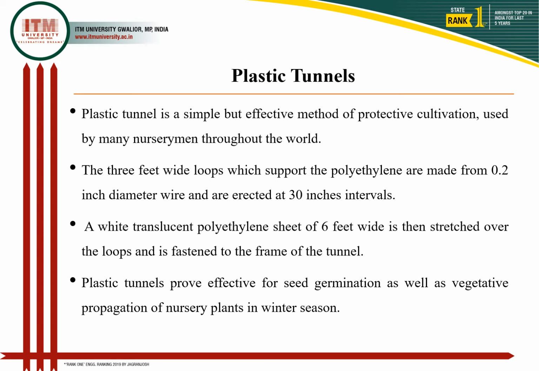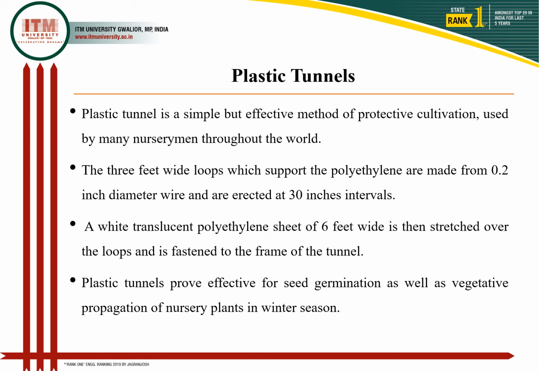The third one is the plastic tunnel, which is a low-cost propagating structure, and it is being effectively used for providing protection to the seedlings, particularly in the winter season, and even in the rainy season. These are simple structures which include a small framework stretched with wire and covered with polythene sheet.